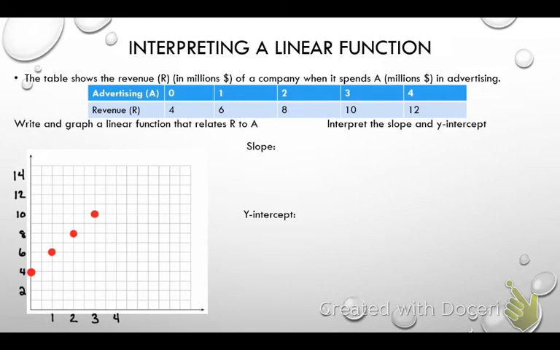I'm way zoomed in, so I just lost track of where my grids were. Is that better? All right, now I just draw a line straight through and I've graphed it. And yes, it's a linear function. Now I need to write the equation for the linear function. Technically, since I've graphed it, I can read my graph, just count my rise over my run, or I can use my ordered pairs.